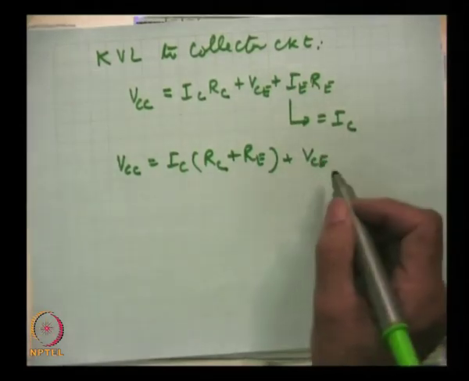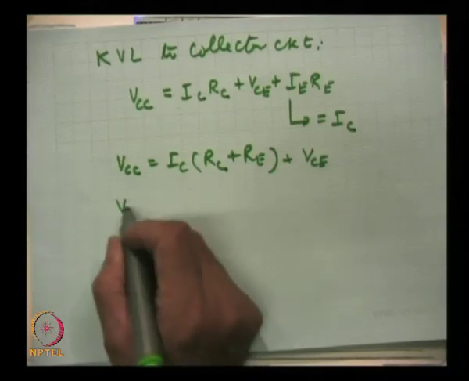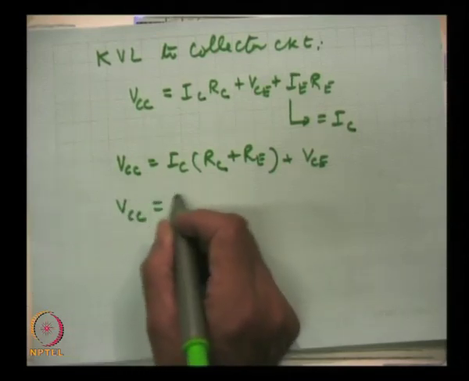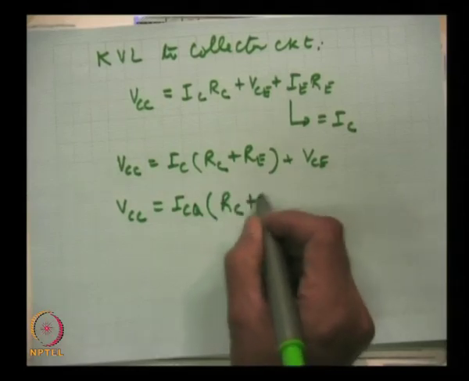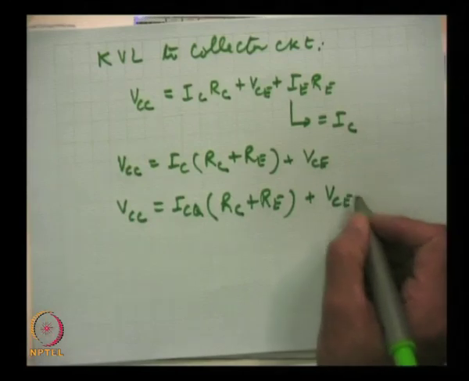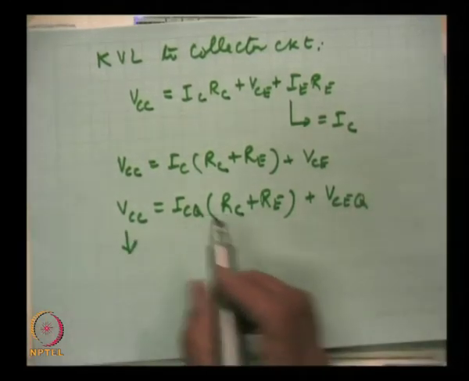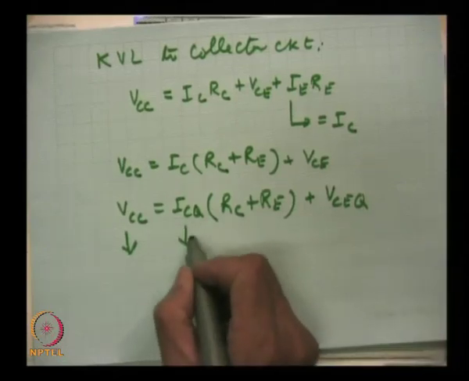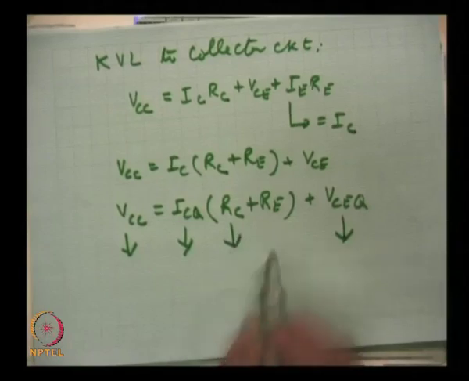Now, VCE is VCEQ, IC is ICQ. So, VCC is ICQ times RC plus RE, plus VCEQ. This is known, this is known, this is known, this is known.